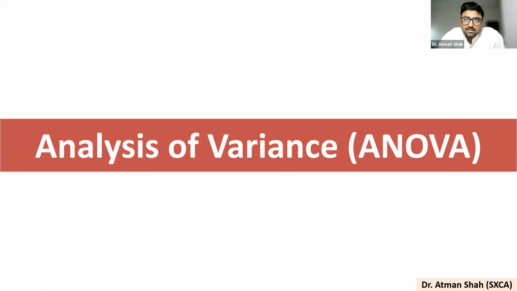As we discussed yesterday, paired t-test is used when you have two paired groups, and independent t-test is used when you have two unpaired or unrelated groups. But we do have more than two groups, right? And therefore we need another statistical test to deal with more than two groups. So analysis of variance is one of them.